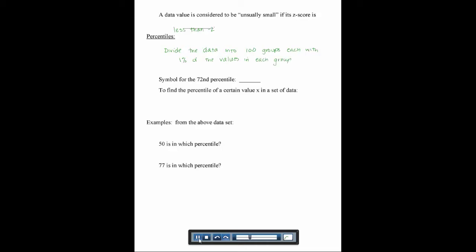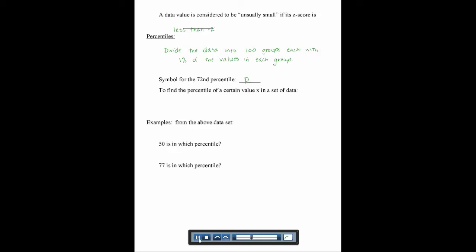Okay, and you've probably seen percentiles before. If they tell you something's in the 60th percentile, that means 60% of the other data values are less than that value. So you might see percentiles in standardized test scores, or if you're talking about weights or heights, normal medical ranges are often given as percentiles. Okay, the symbol for a percentile, so for example, the 72nd percentile, is P with a little subscript, so we'd say P sub 72.